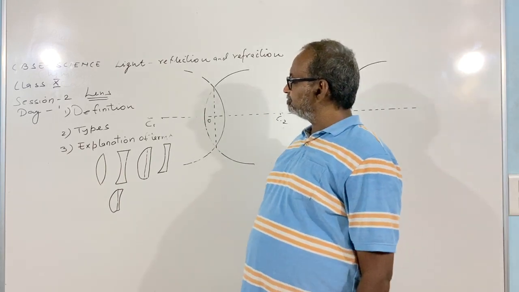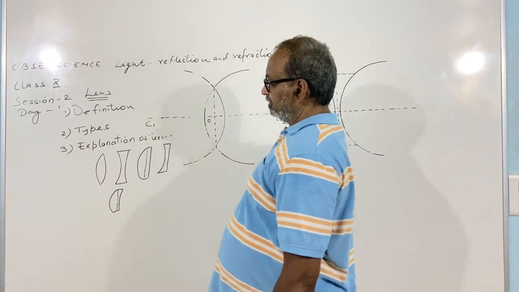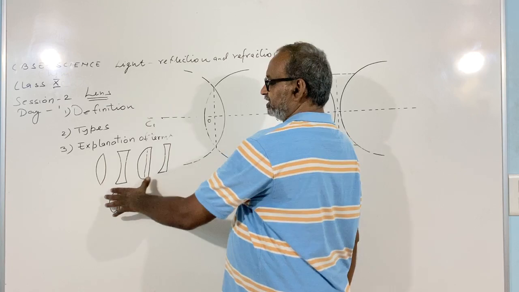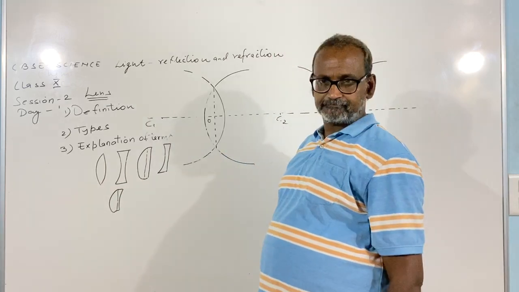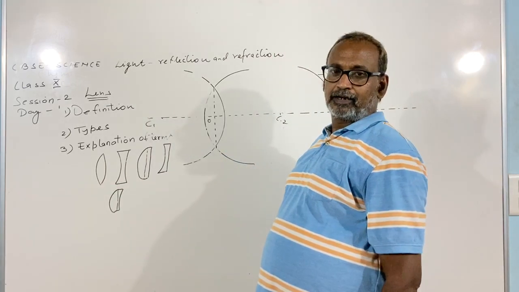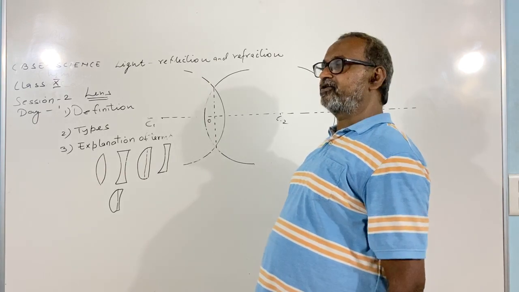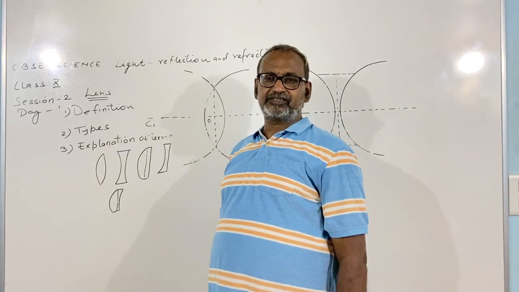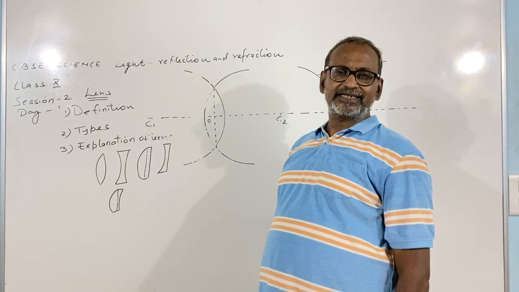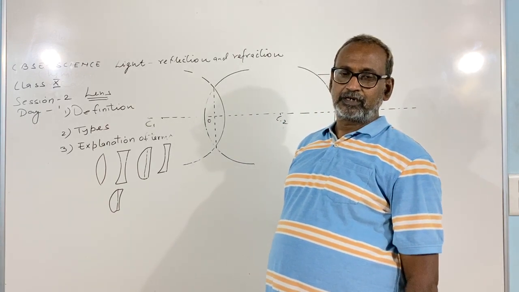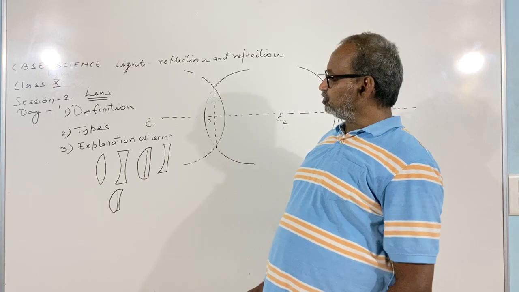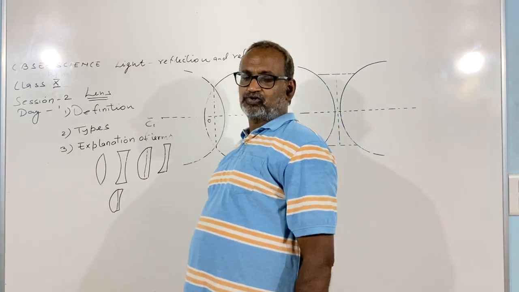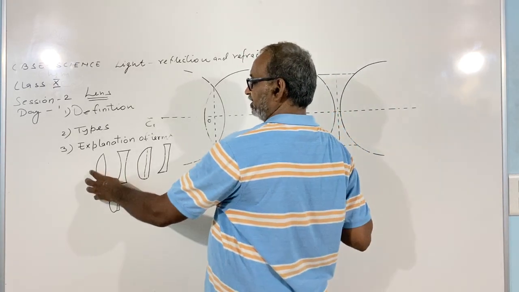A lens is a refractive material. Obviously, a refractive material is made up of some transparent material such as glass. And this refractive material is always bounded by two surfaces.